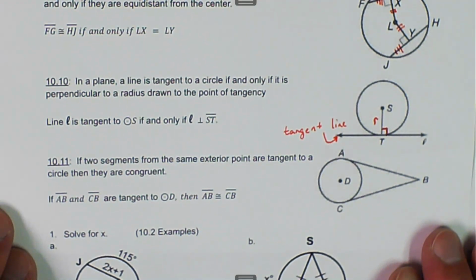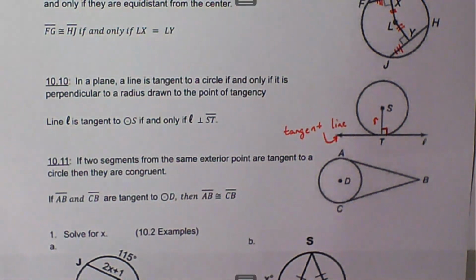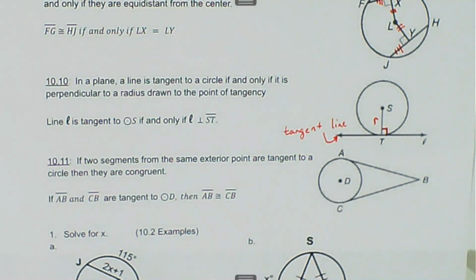Next we have 10.11. If two segments from the same exterior point are tangent to a circle, then they are congruent. All right. And the only way that they can be tangent is if they form right angles with the radius.